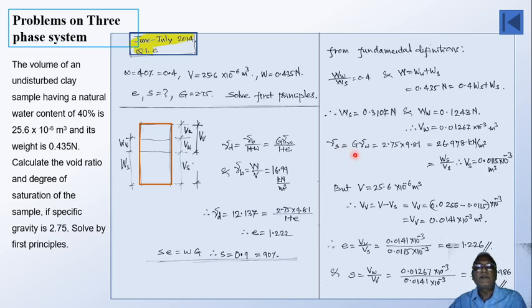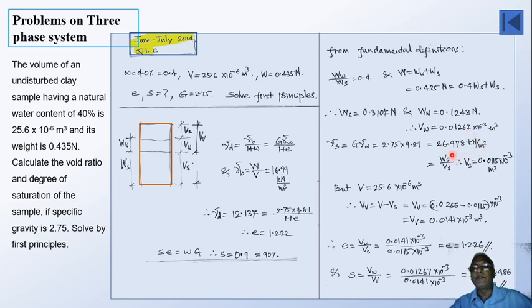So gamma s, the unit weight of solids, is equal to G into gamma w. G is given in the problem. Because of that, I calculate 2.7 into 9.81. So unit weight of solids only becomes 26.978 kilonewton per meter cube.